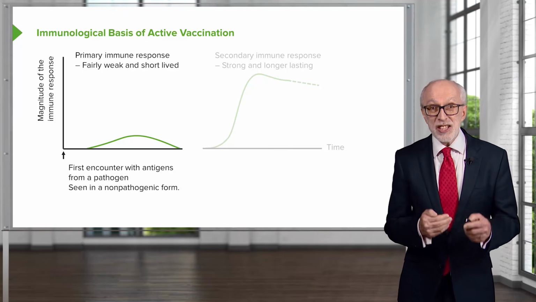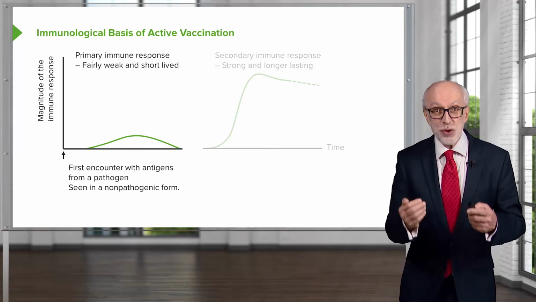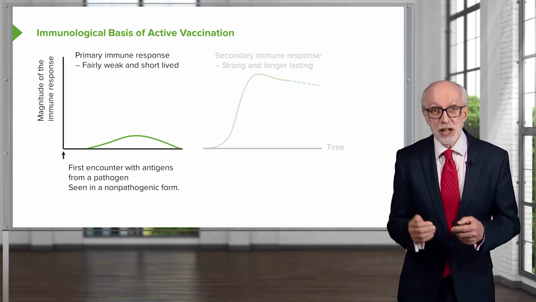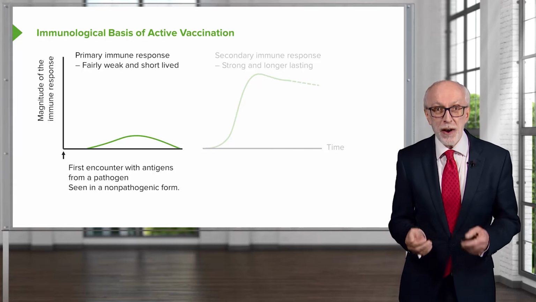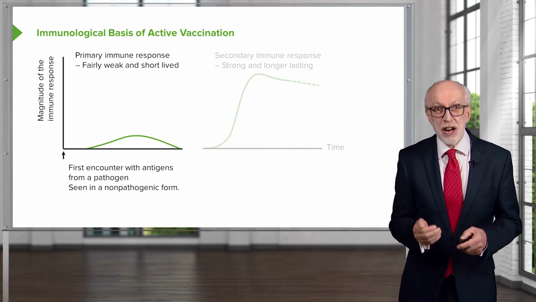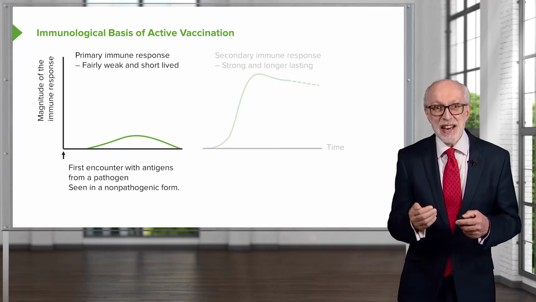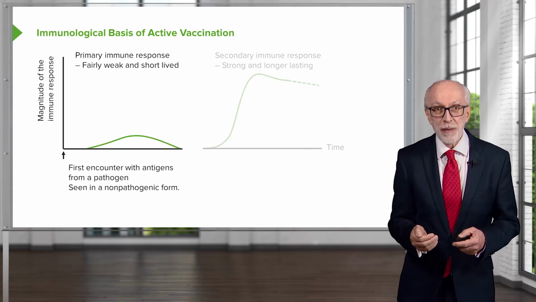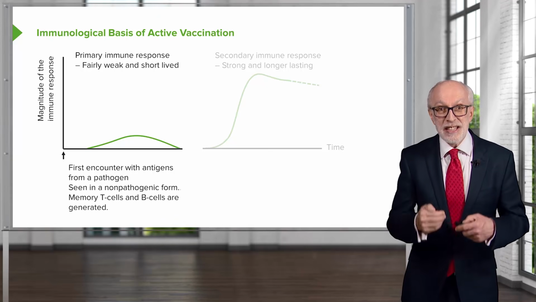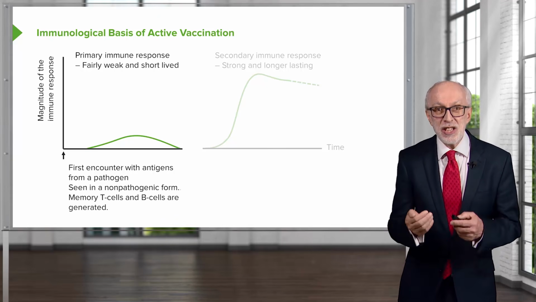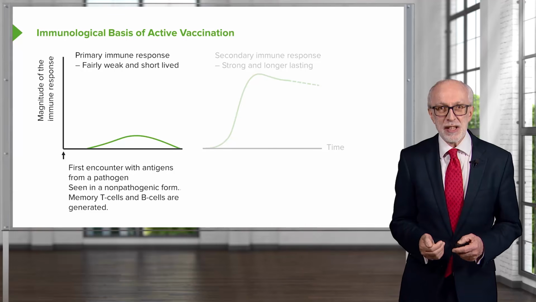However, if instead of encountering the natural infection that is potentially pathogenic, we give a modified version of the pathogen, in other words, the antigens are seen in a non-pathogenic form, then we elicit this primary immune response, and importantly, memory T cells and B cells are generated.